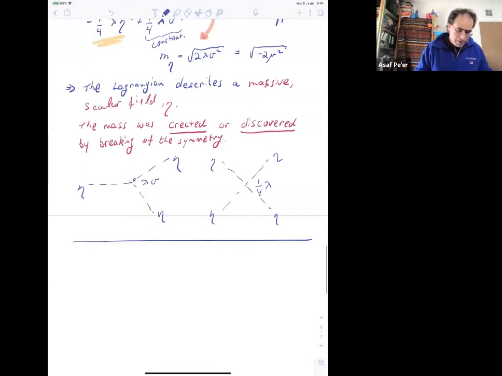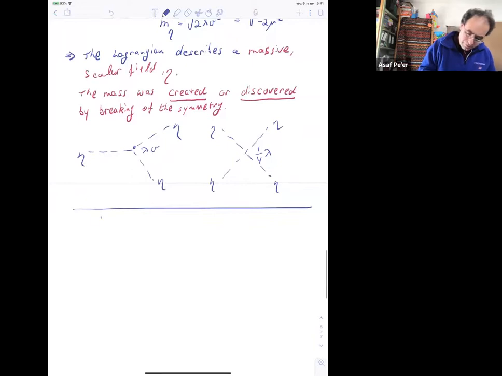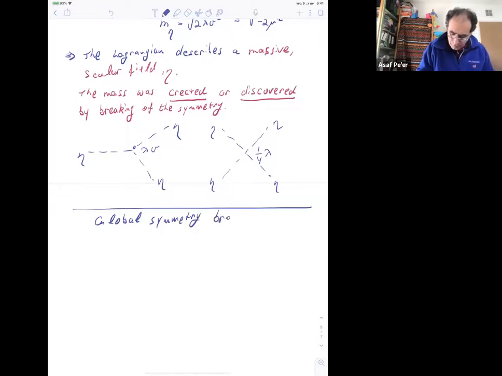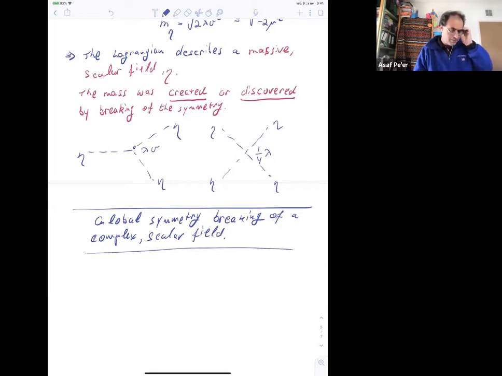So let's do now a global symmetry breaking of a complex scalar field. Going to raise the level of complexity.